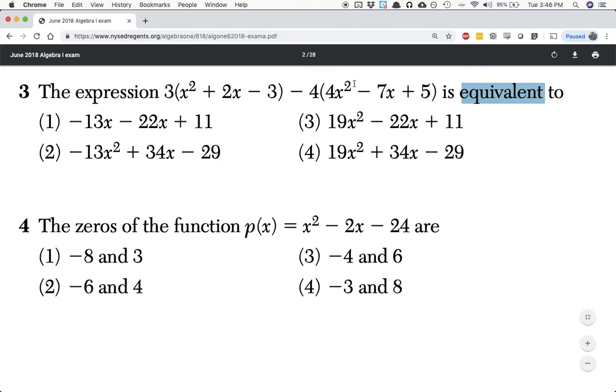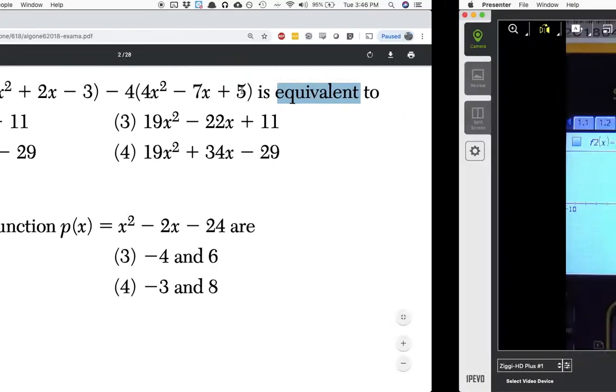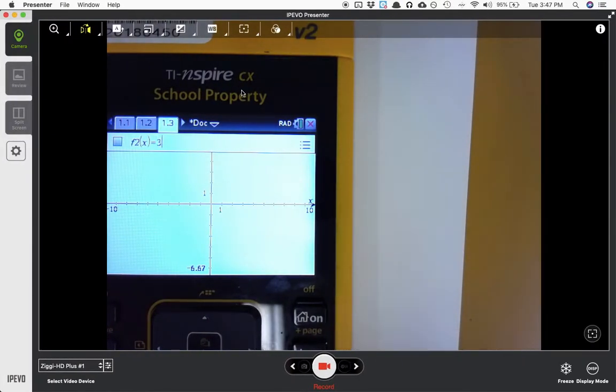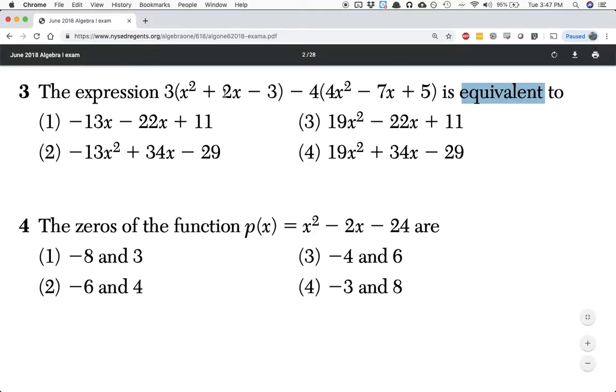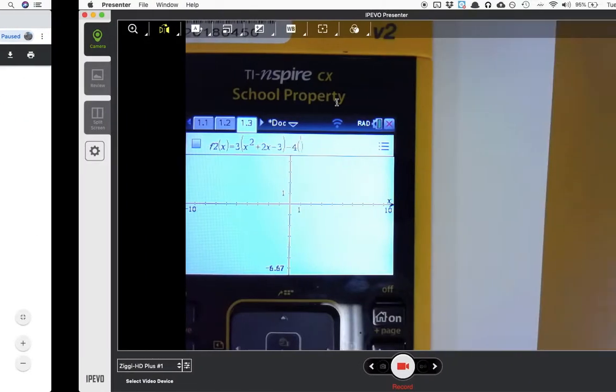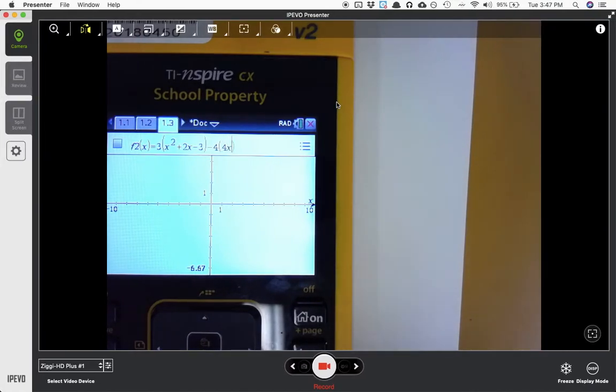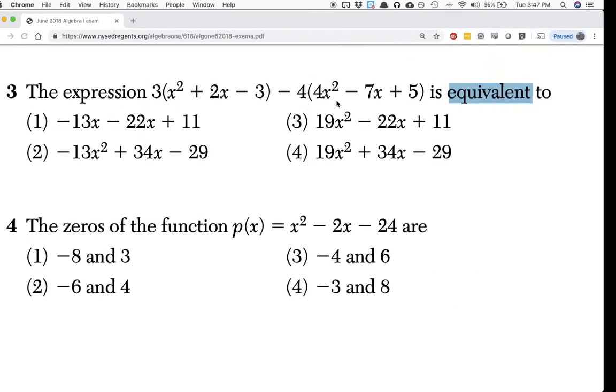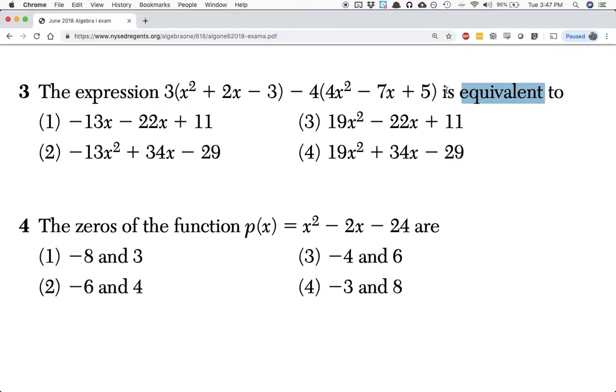I'm going to copy all this into my graph: 3(x squared plus 2x minus 3) minus 4(4x squared minus 7x plus 5).